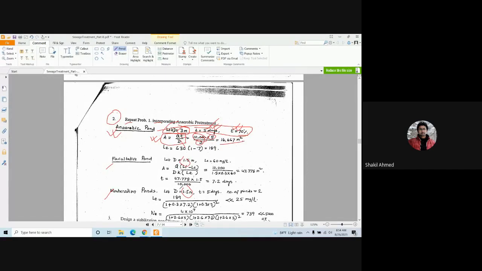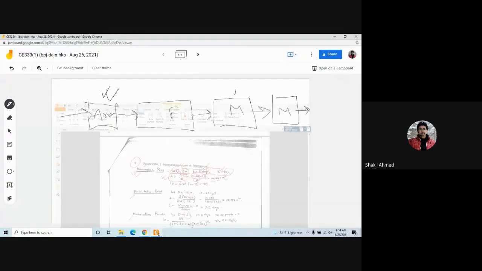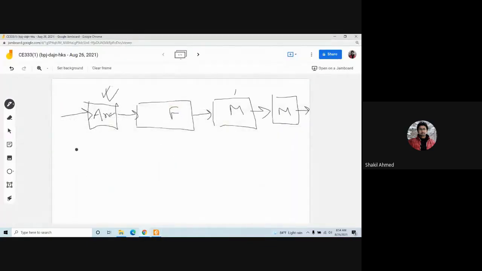Okay. Now we know that efficiency of a pond is Li minus Le divided by Li into 100%.